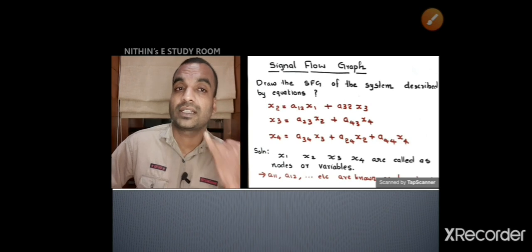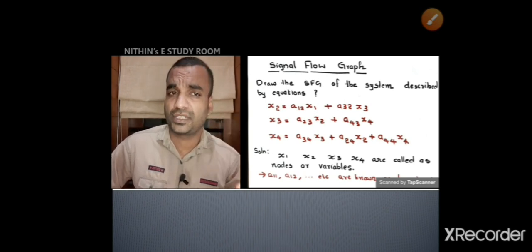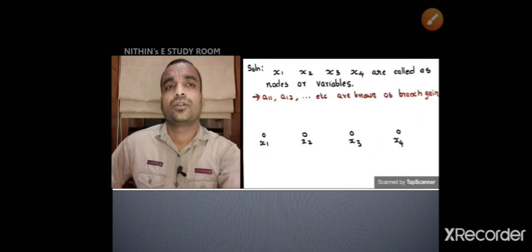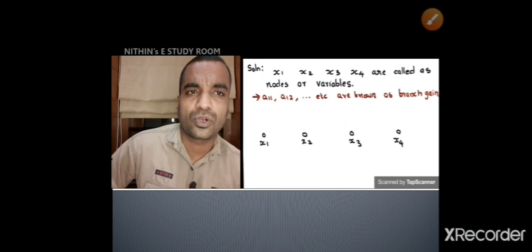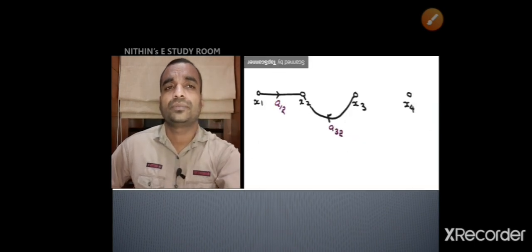So x1 is there, x2 is there, and the second equation gives x3 and the third equation x4. So these 4 nodes are there. Initially I drew 4 nodes x1, x2, x3, x4, and a11, a12, etc. are the branch gains that we already know.